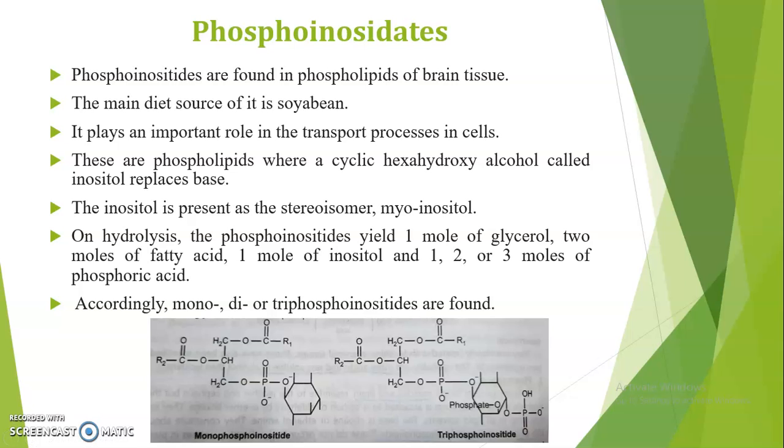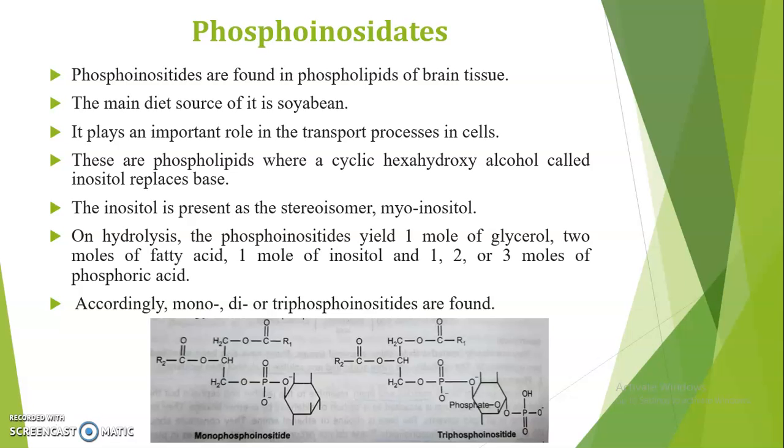Also, whatever alcoholic functional groups are there may be converted into phosphoric acid derivatives. So depending upon these, phosphoinositides can be of different types like mono-, di- or triphosphoinositides. So this is about the second class of phospholipids, the phosphoinositides.